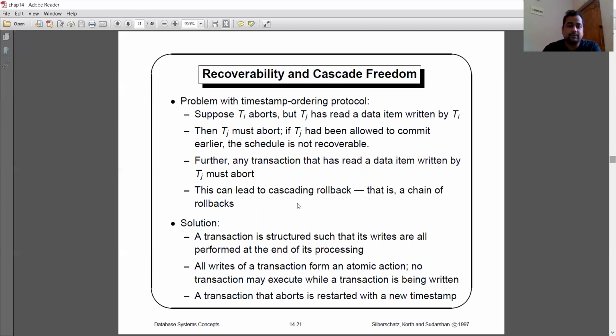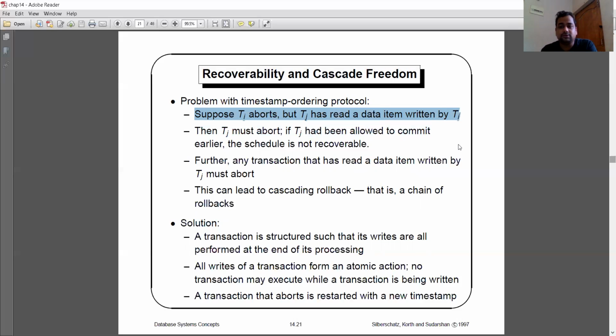Let us consider a problem. Suppose there are two transactions, one is Ti, another one is Tj. Suppose transaction Ti aborts, but transaction Tj has read a data item written by transaction Ti. What do you mean by Ti is aborted? It means the normal execution of Ti is not possible.